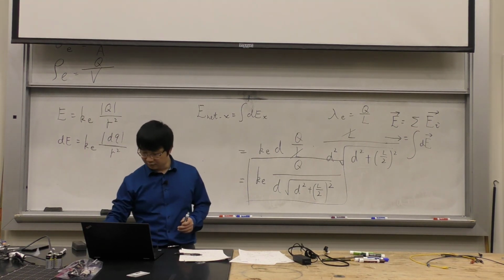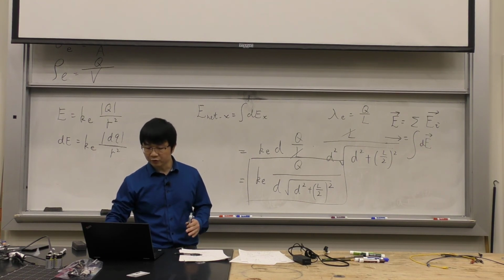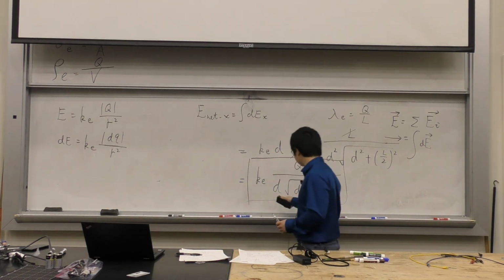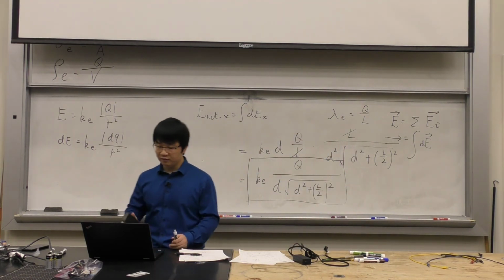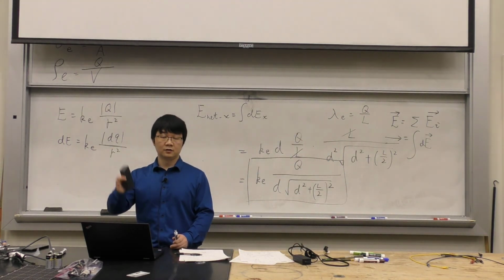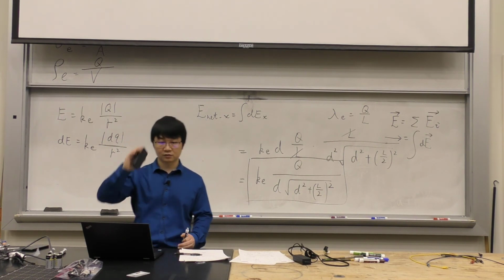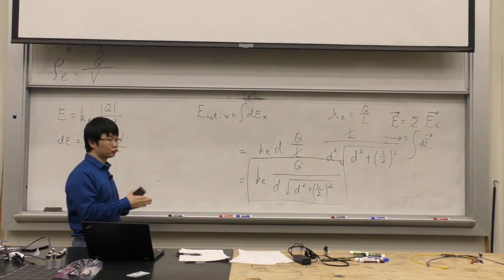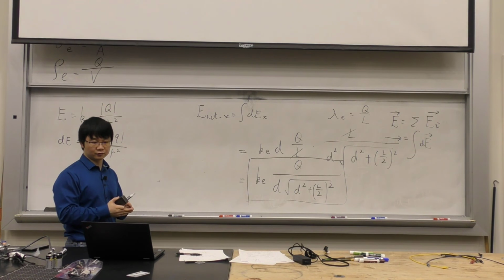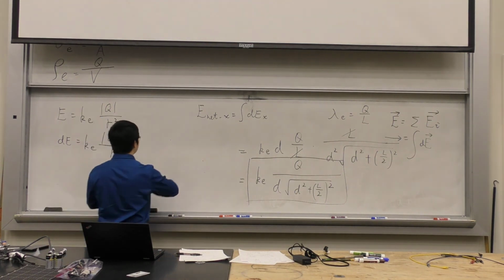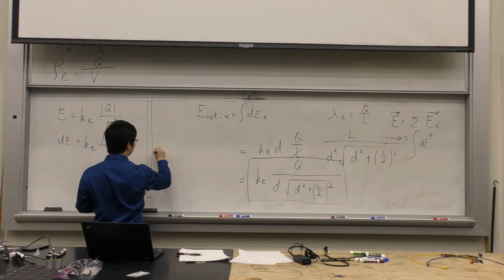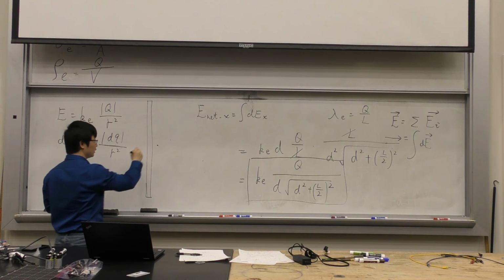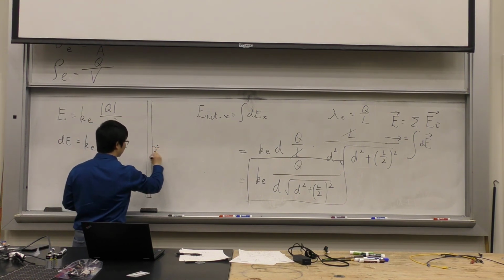Before that, there's another very useful conclusion about this, which is when you apply this conclusion to a very, very long rod, like 10 meters, compared to the distance D from the point, right? Even if the rod is not very long, but I'm only interested in the electric field at a point close to it, so this D is very small, okay?